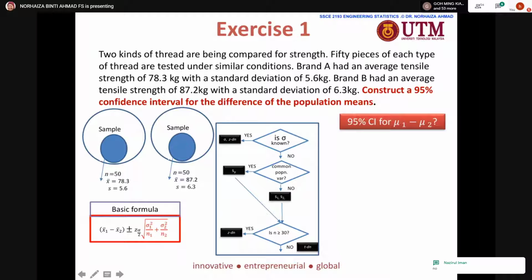Okay, no. So first we don't know the value of sigma. We do not know whether it's common or not. If we do not know, we will assume that they are different.